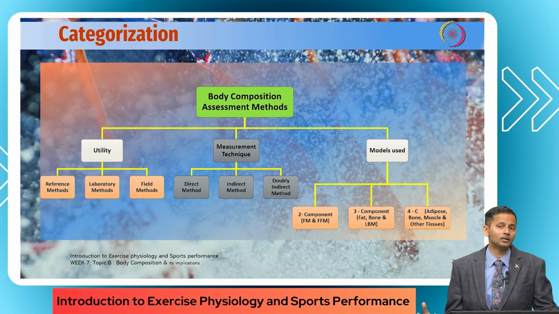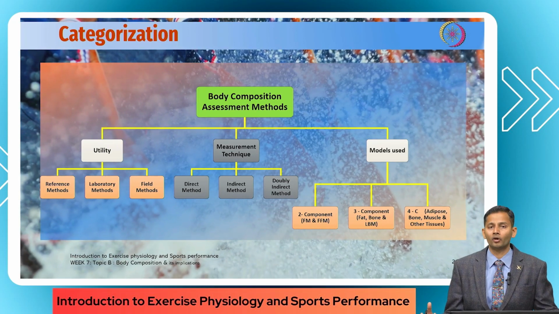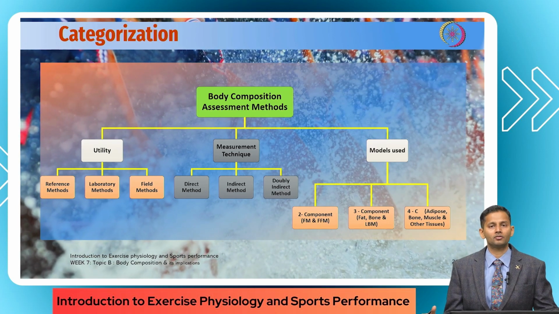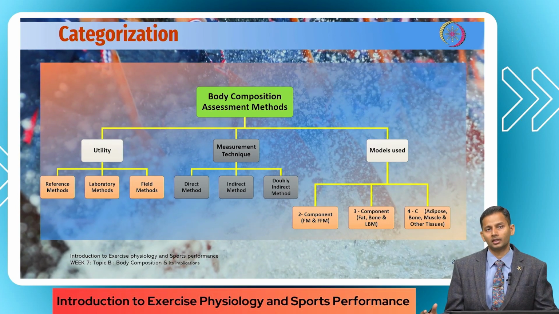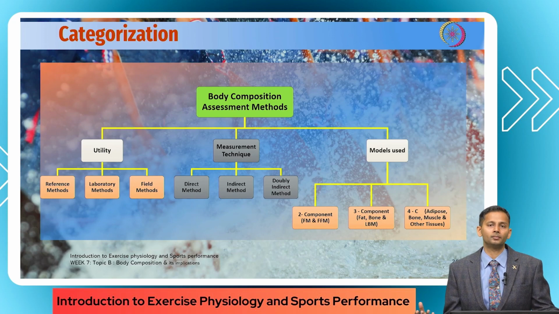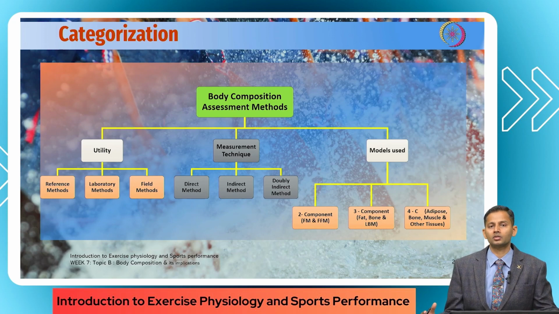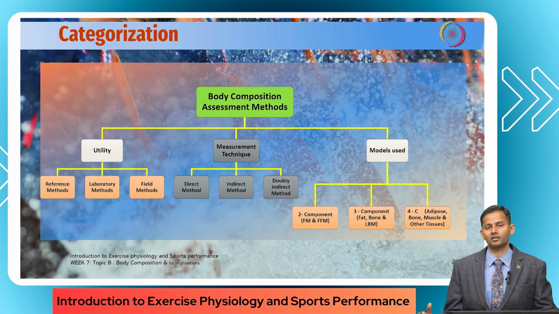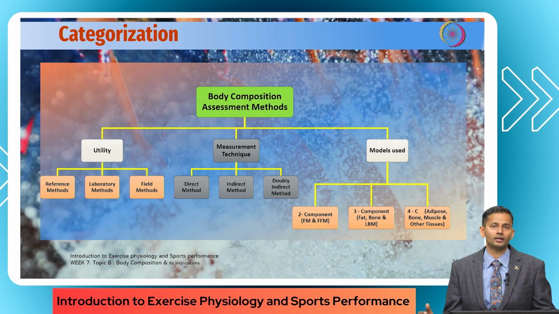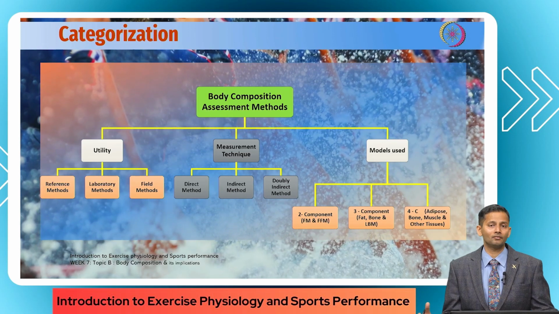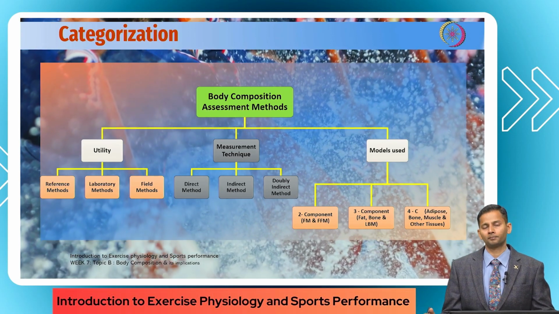However, the other parameters of body composition, like body fat percent or lean body mass, are derived indirectly based on the direct measure. So this is the indirect method. There are methods which have a doubly indirect methodology in assessment. They use a certain equation by assuming certain parameters, and that is a doubly indirect method. For example, assessment of body composition using skinfold thickness is a doubly indirect method.